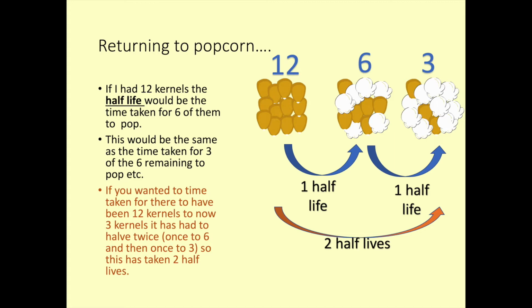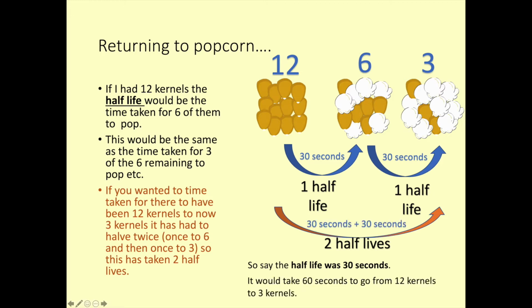Let's put some numbers in here. If our half-life was 30 seconds, the time taken going from 12 kernels to 6 kernels and 6 kernels to 3 kernels is both 30 seconds. But for going from 12 kernels to 3 kernels, we've got to add them together, and so it would take 60 seconds.